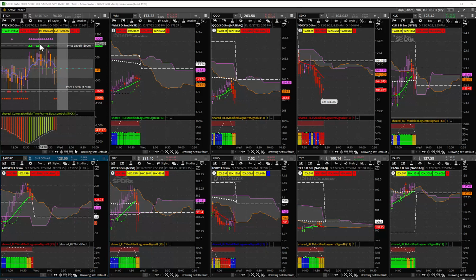Retail investors can't push the market to levels that the institutions can, obviously. In the bottom pane right here, I have my cumulative tick. Now at the open, if it's a gap up or gap down, you'll see it move slightly, but this is something that keeps track of all the up ticks and down ticks for the day in a cumulative fashion.